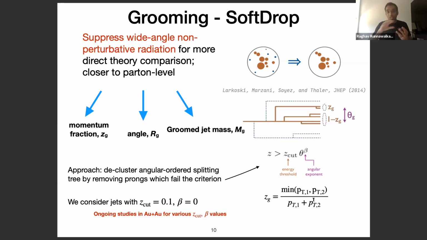It gives you the groomed jet. Once you remove the grass, you have the mass of that jet. You can also look at the RG, which is now the opening angle of the prongs that survive. So you have a two-prong structure: the hardest prong that passes this particular criterion, the Z-cut of 0.1, and the momentum fraction at that particular split. So let's start by looking at just the mass.